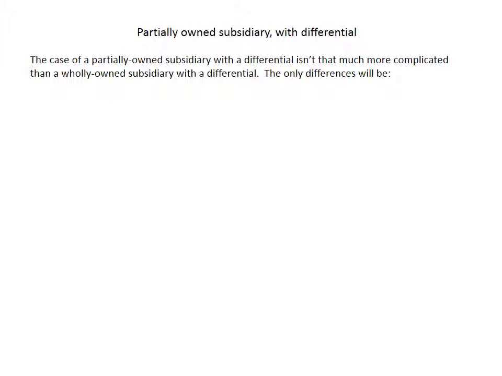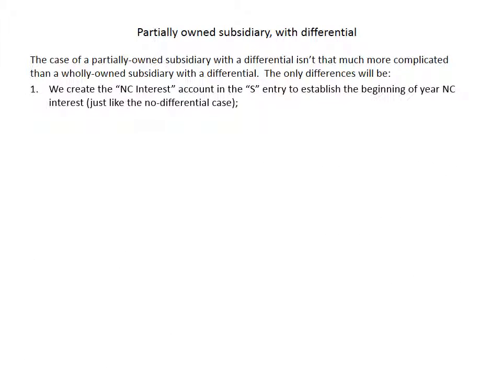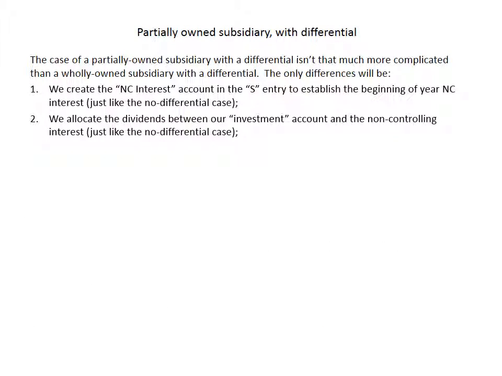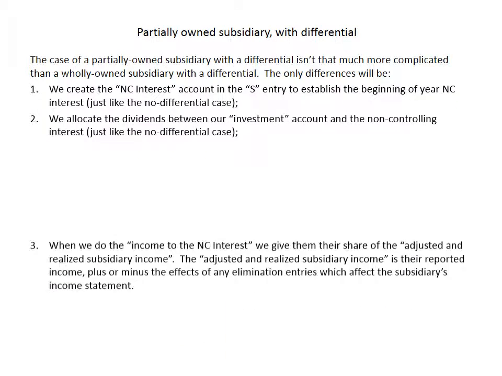The only differences are going to be, first, we're going to have to create a non-controlling interest account in the S entry to establish the beginning of year non-controlling interest, just like we did in the no differential case. Second, in the D entry, we're going to have to allocate the dividends between our investment account and the non-controlling interest, just like the no differential case.